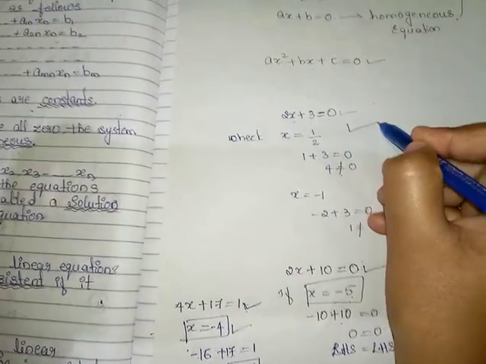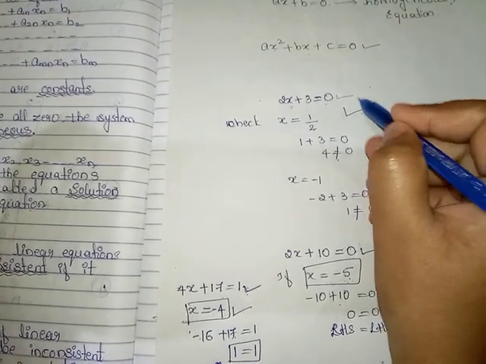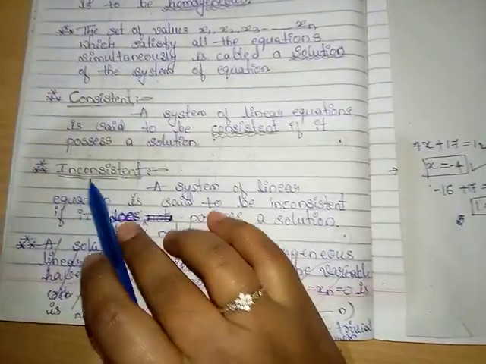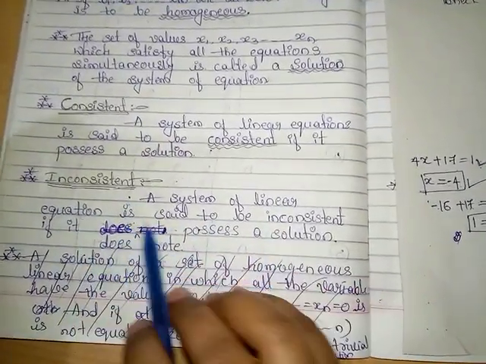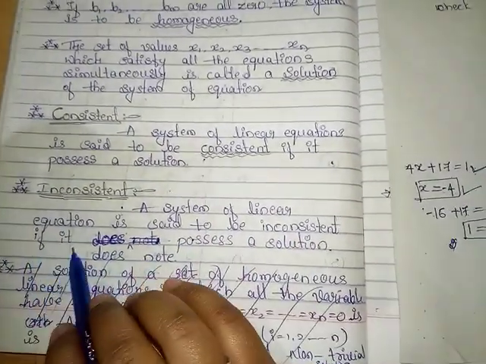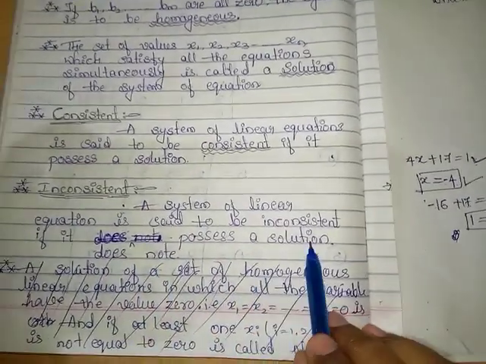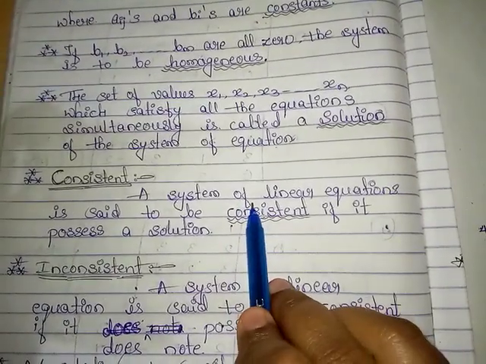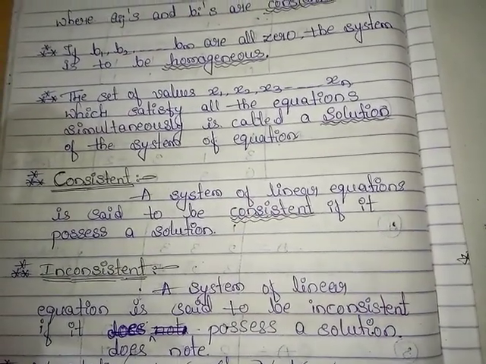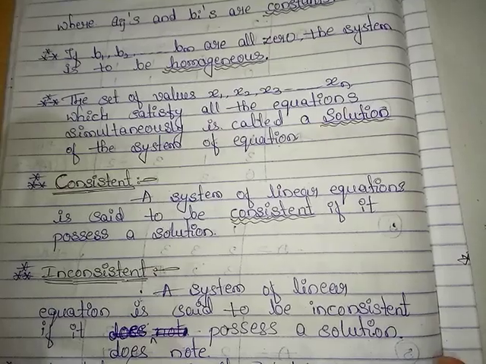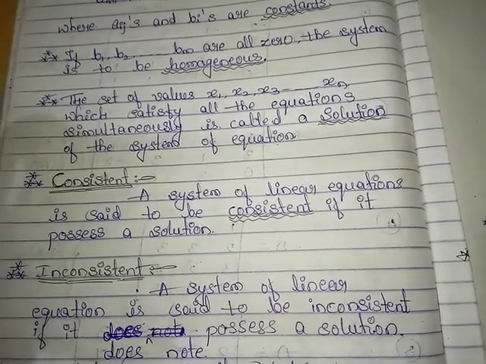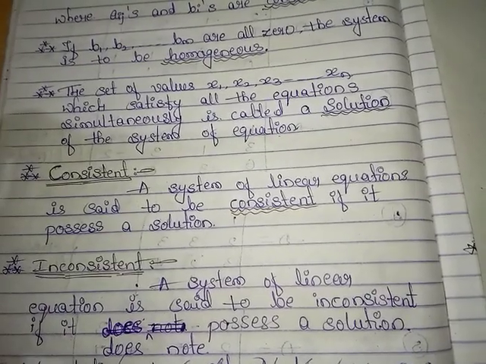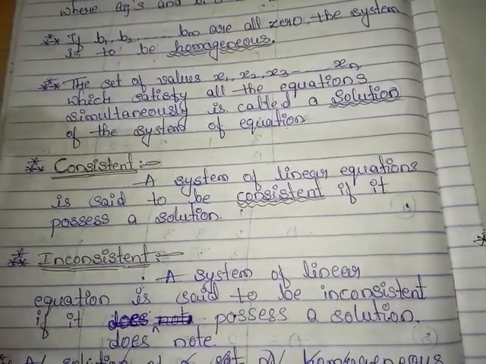But this is not consistent. This is not consistent means we say this has an inconsistent solution. A system of linear equations is said to be inconsistent if it does not possess a solution. This is inconsistent, this is consistent. For the matrix concept, we decide consistency and inconsistency on the basis of the rank of the matrix.